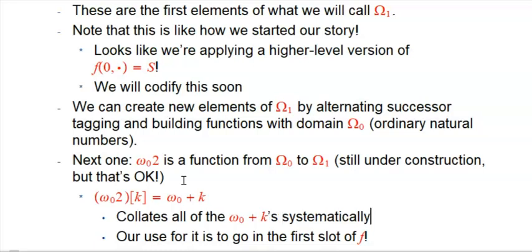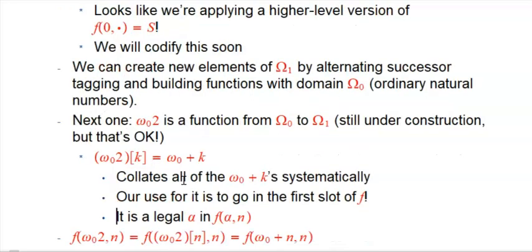And of course, the reason we care is we're going to go in the first slot of f. Like I said, the definition of f of some interesting gadget comma n, when this is a function, is exactly the diagonalization story. So that's going to be this new gadget, which just collects together the omega naught plus k's applied on n.